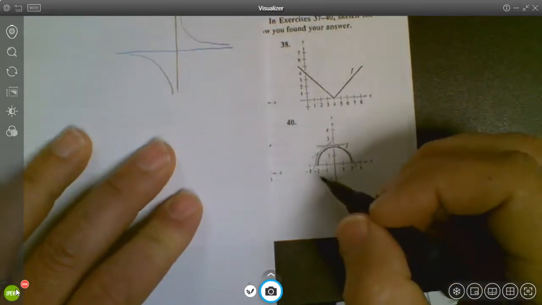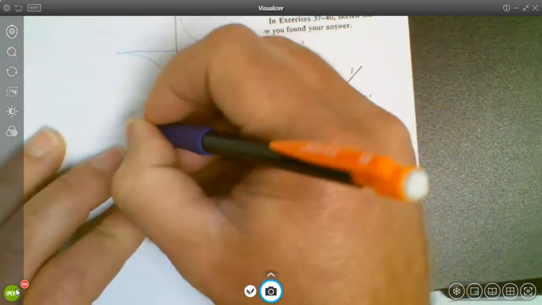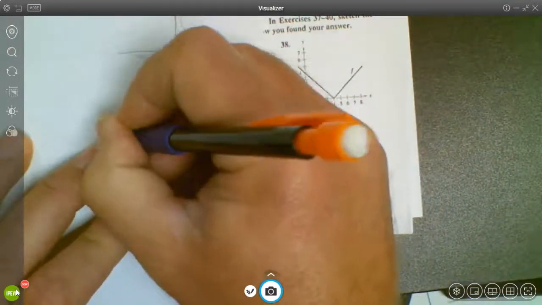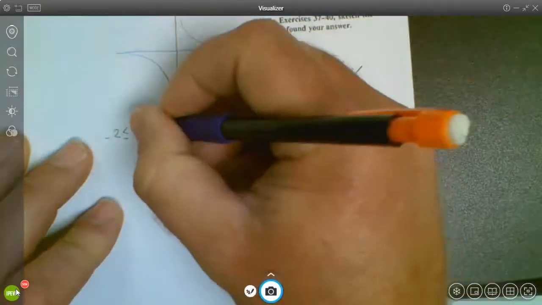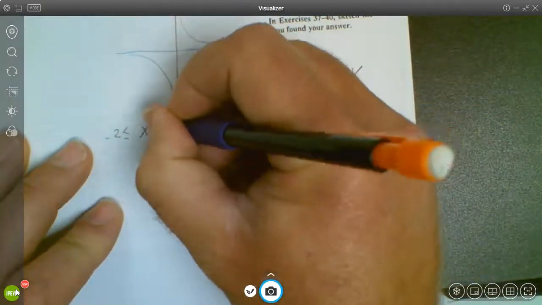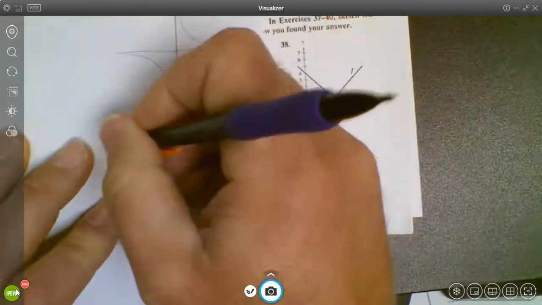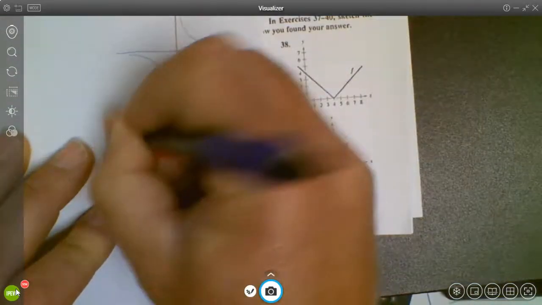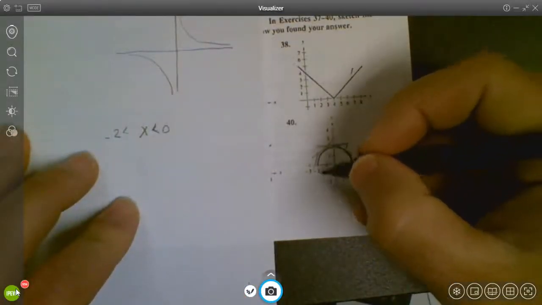So let's summarize that. From -2 to 0, and I'm going to say less than 0 because at 0, in fact, this is probably not an equal sign either, because I'm kind of looking at a vertical potential point right there.